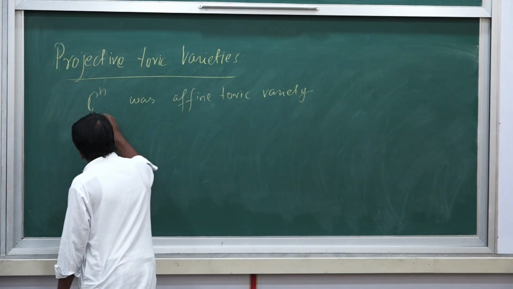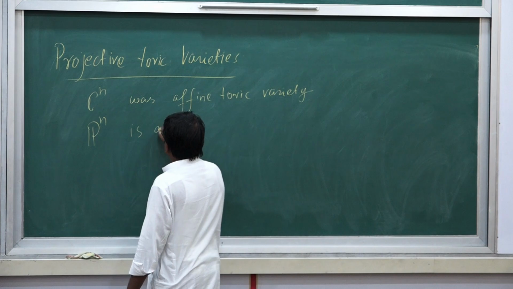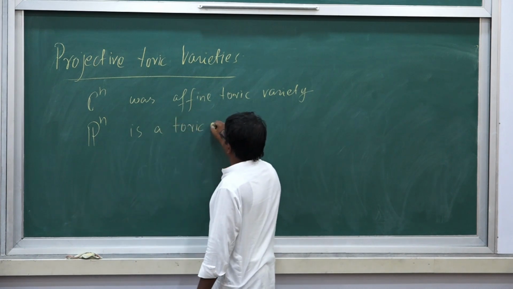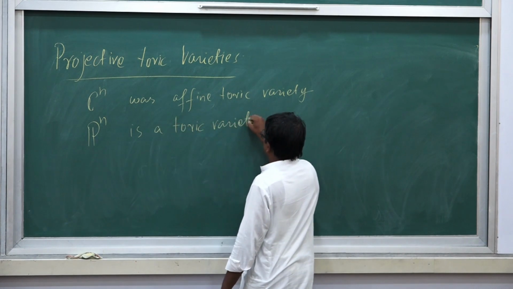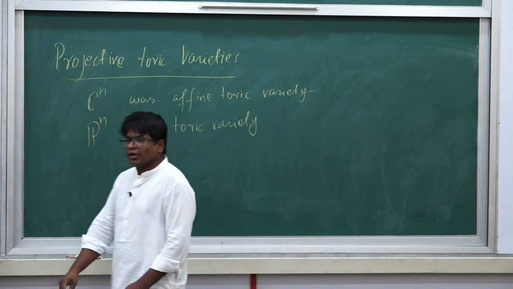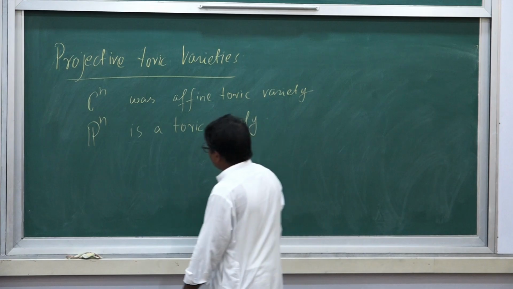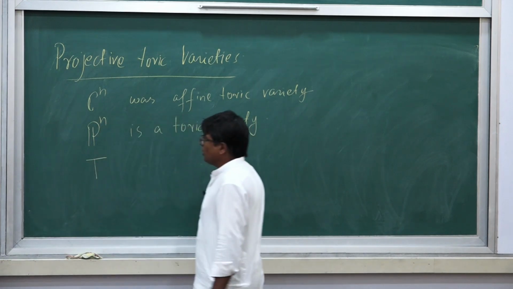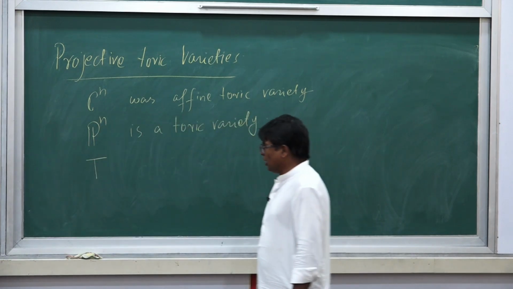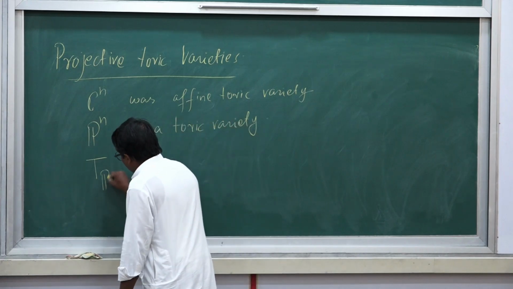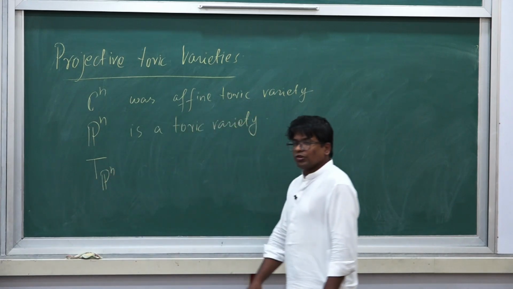Similarly, this space Pn is a toric variety. Okay, and we have to realize this. So what we need to do is establish a cone corresponding to this.